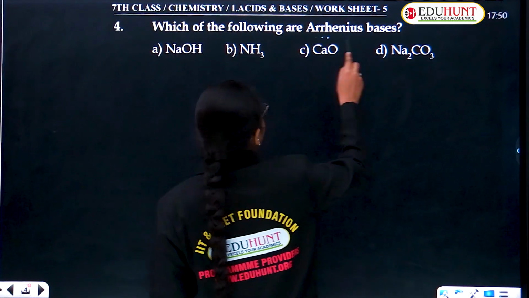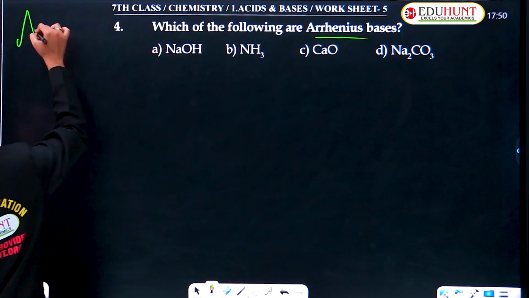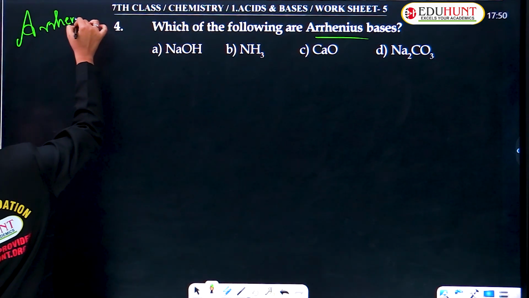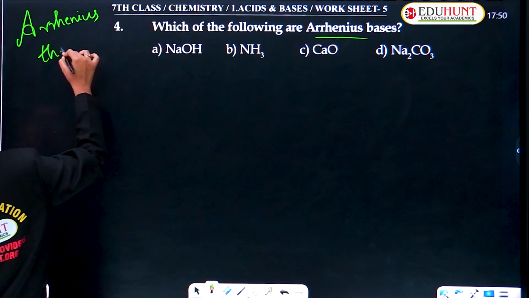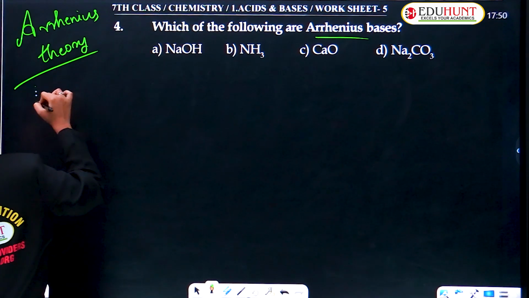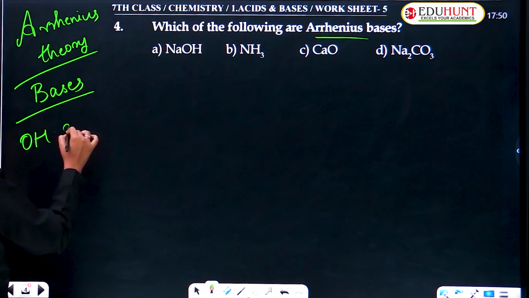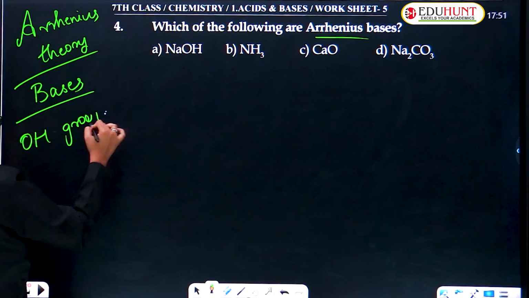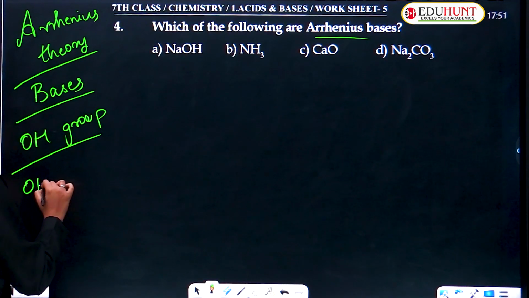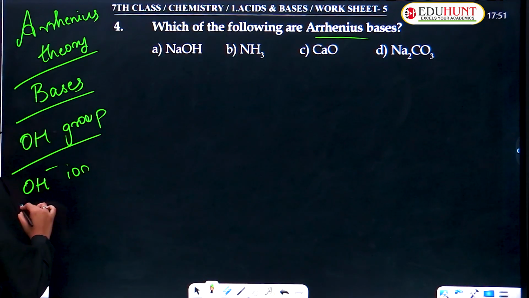Okay. Arrhenius bases. According to Arrhenius theory, bases should contain an OH group and should liberate OH minus ions. Which ions are those?